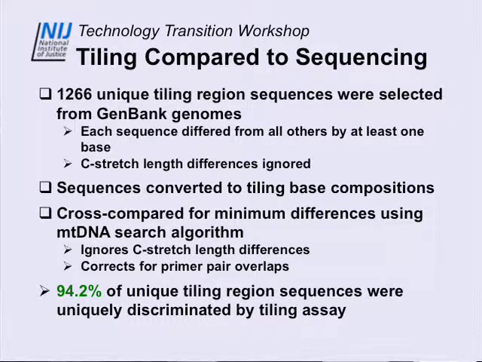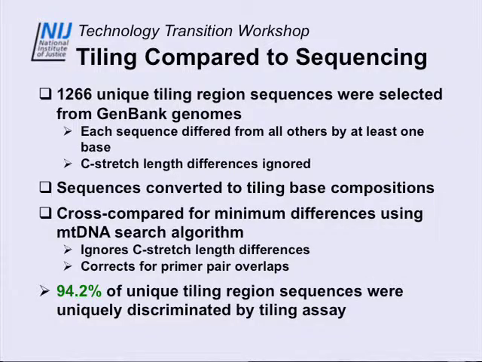If there's length differences in the poly C stretches of HV1 and HV2, we can't guarantee that you won't see a difference, from two different tissue types, for instance, from the same individual. So we ignore that. We convert those sequences to base compositions and then cross-compare them.